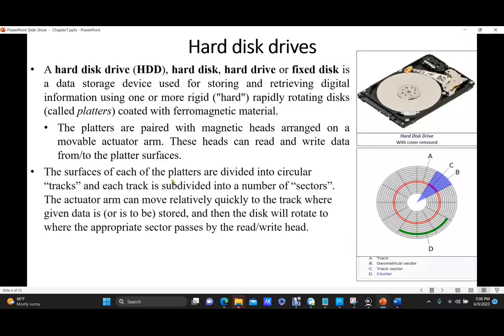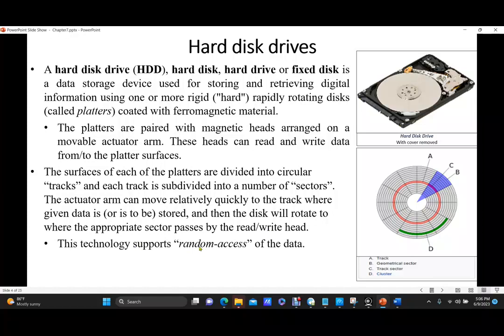The surfaces of each of the platters are divided into tracks, and each track is subdivided into a number of sectors. The actuator arm can move relatively quickly to a track where a given data is or to be stored, and when the disk rotates under or over the head, the data is read or written by that head.